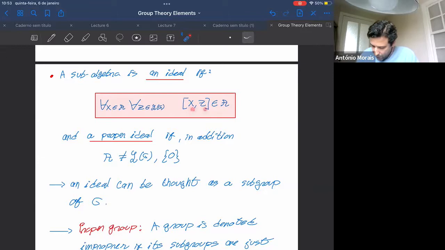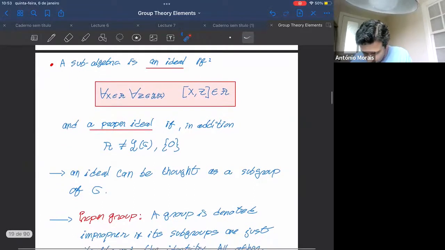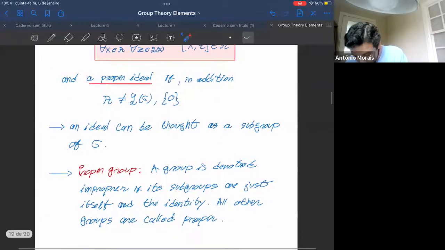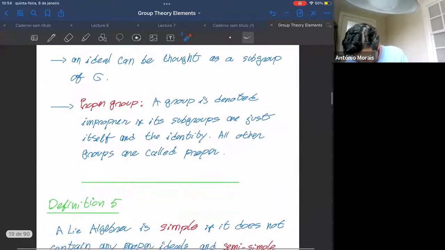And if we have this relation, so if any x belonging to A commutes with any z that belongs to L, so the bigger algebra, and if the result of this commutation gives something in A, so in the subalgebra, then the subalgebra is an ideal, and it's a proper ideal if this is not a trivial relation, if A is not the same as LG. So this is the definition of a proper ideal.